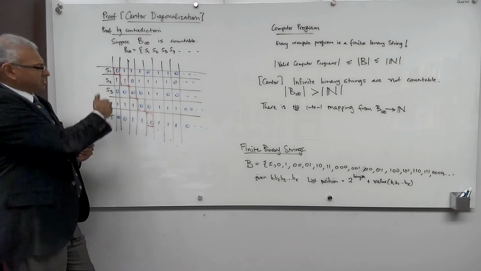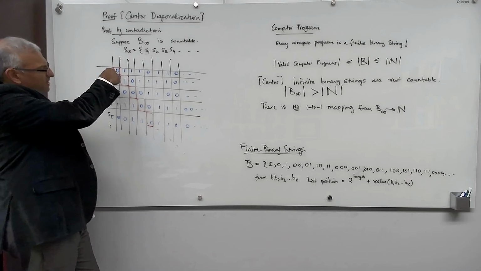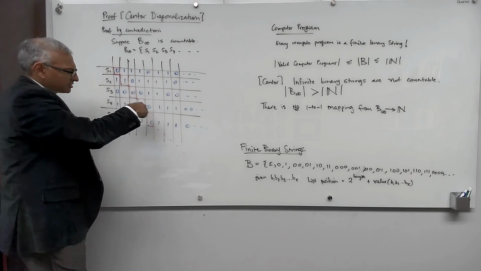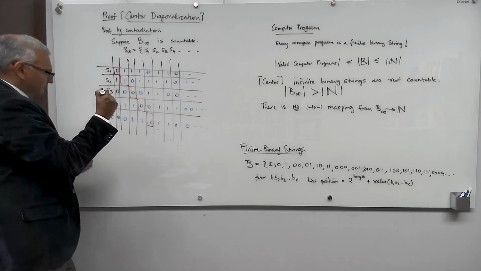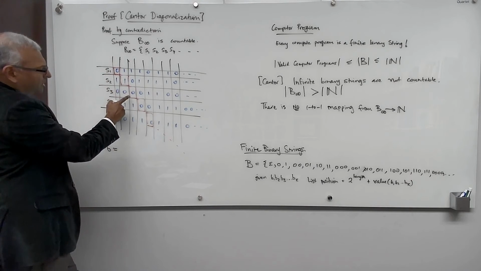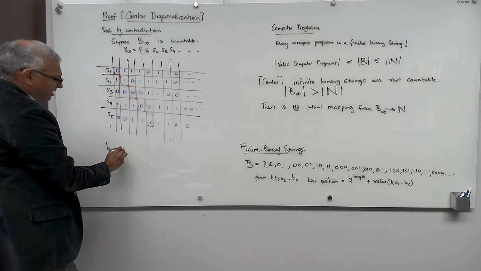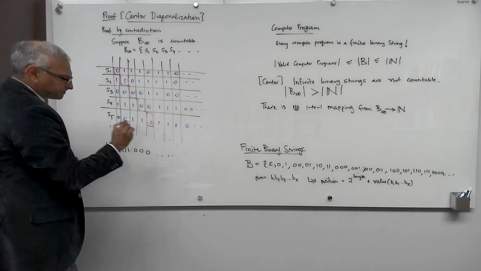Since this is an infinite list, this list of diagonals is also going to be an infinite binary string. Let me call that infinite binary string B. So B is equal to 0, 1, 0, 0, 0, and so on, in this example.